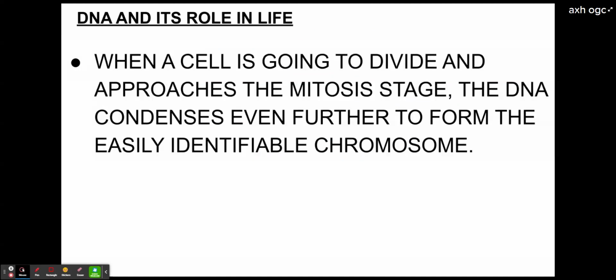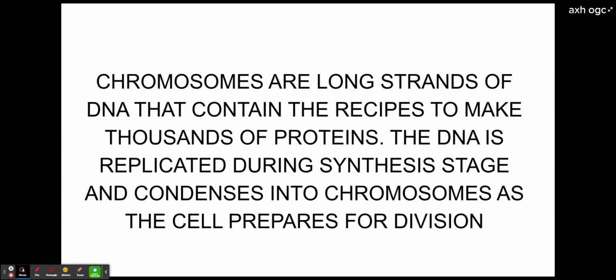So when a cell approaches the mitotic stage, the DNA condenses quite tightly. Chromosomes are long strands of DNA, and this is where it can get a little confusing. You have chromosomes, chromatin. They all kind of sound similar, so you have to make sure that you understand the difference. But chromosomes can be used interchangeably for the entire length of DNA, even when it's in its chromatin form.